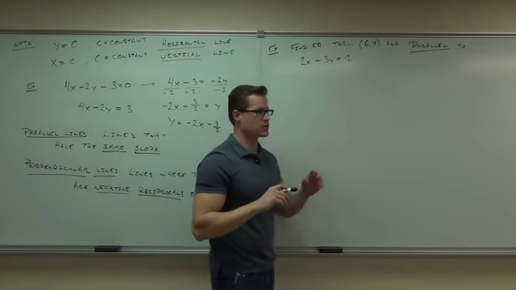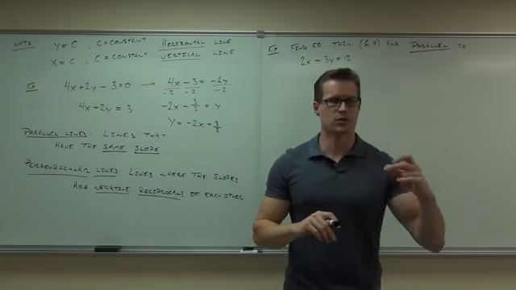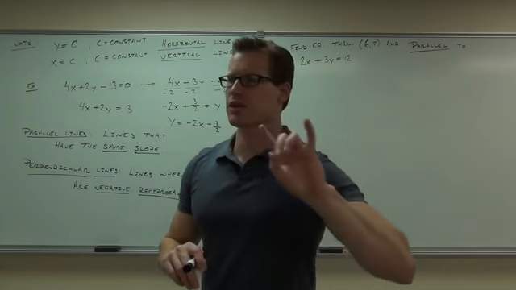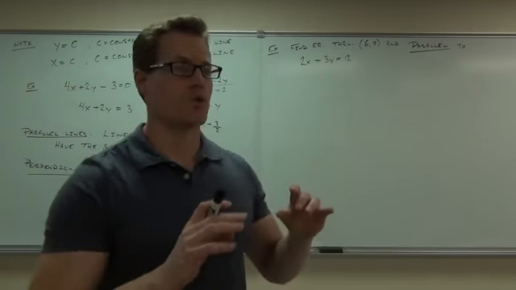Find an equation passing through a set point and parallel to a given equation. What are the two things you need for sure in order to make the equation of a line?